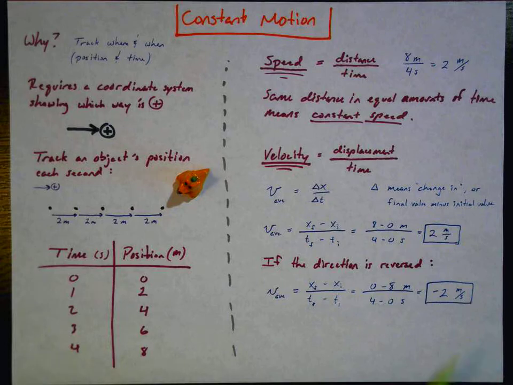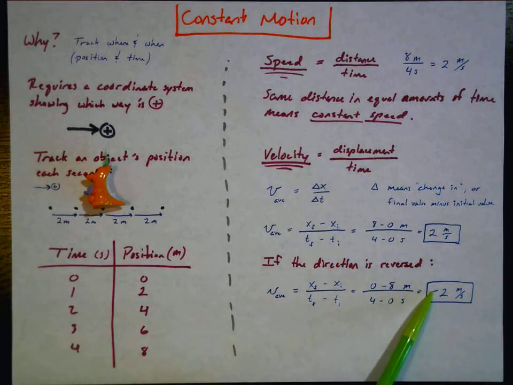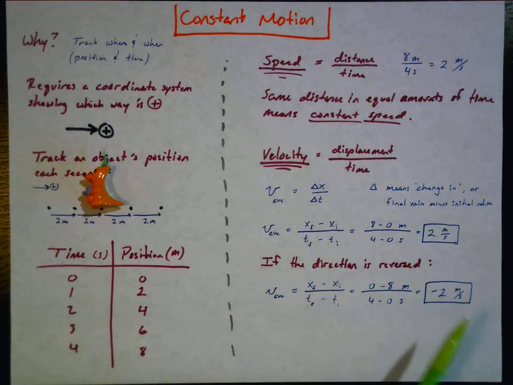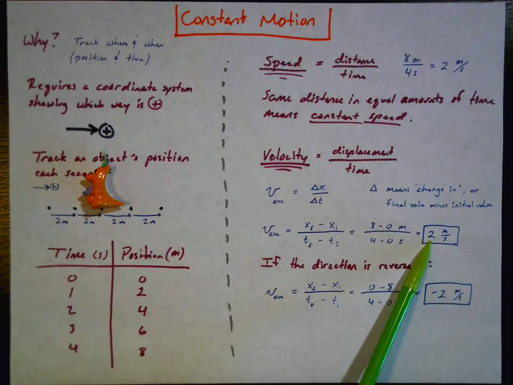So here's what this means. We see the minus sign in front of the answer, and that simply tells us direction. It tells us that according to the coordinate system we have assigned, she is traveling in the negative direction, not the positive direction. So a velocity of negative 2 meters per second is different than a velocity of positive 2 meters per second.